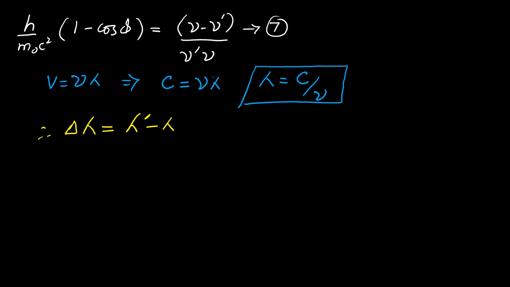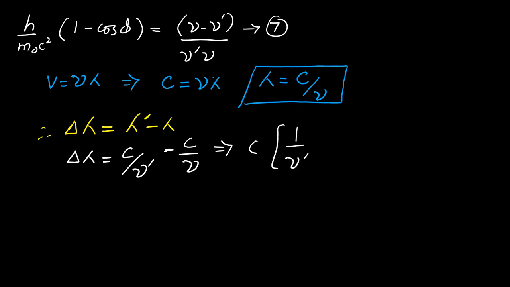And as you know that lambda is equal to c by nu, so lambda prime will be equal to c divided by nu prime, minus lambda is equal to c by nu, and then by taking c common we get c into 1 by nu prime minus 1 by nu.